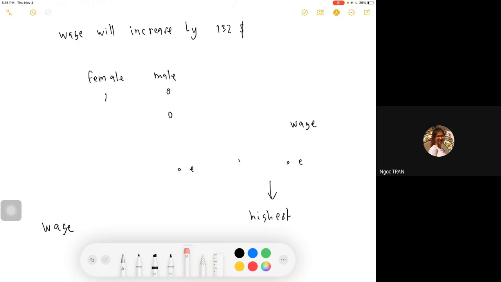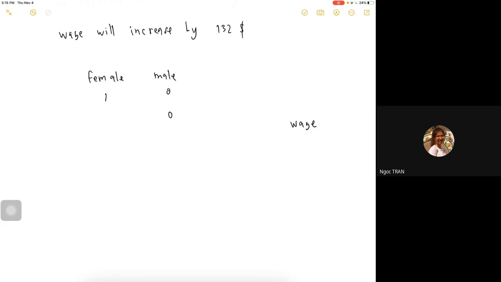I think our previous example should be fine. So I would like to say something about female, male, and other. I'm sorry. And you would like to say something about wage, and you know that male would get the highest wage, right? And you know that because this one is nominal.